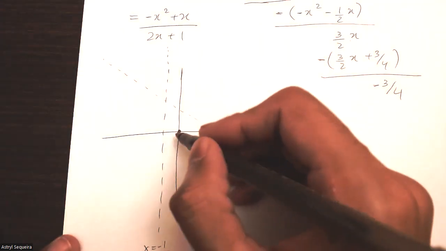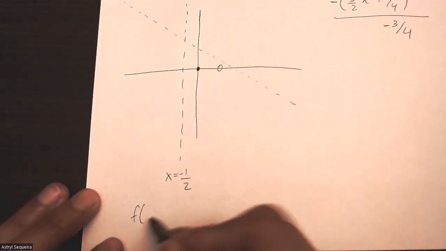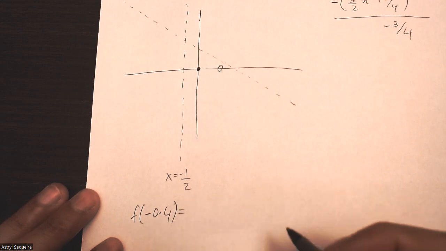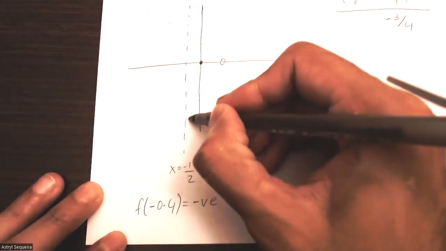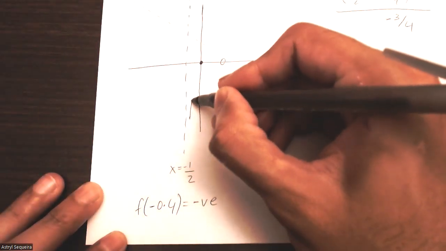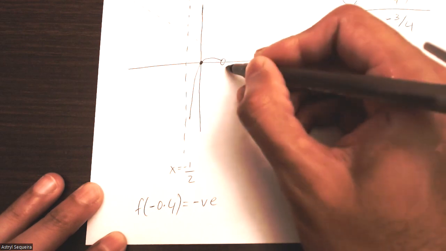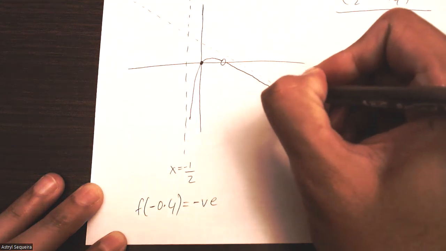But in this question, if I did f of negative 0.4 in my calculator, I'll get a large negative number, which means the point is coming from down over here. I'm going to come through this, go through this, hit this point, and then it's just going to hug the oblique asymptote.